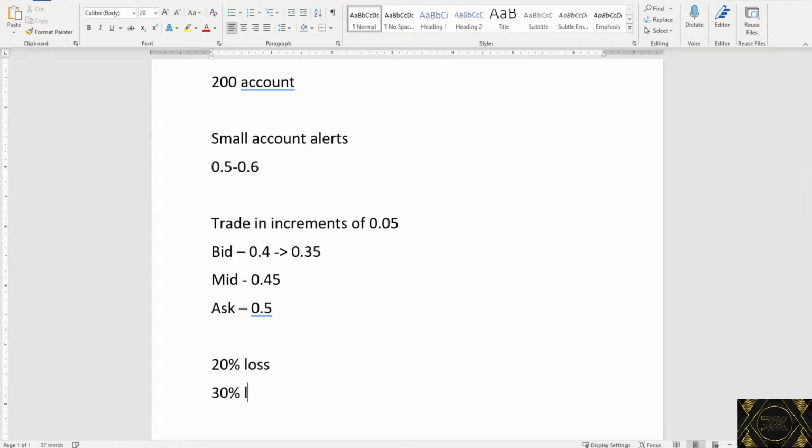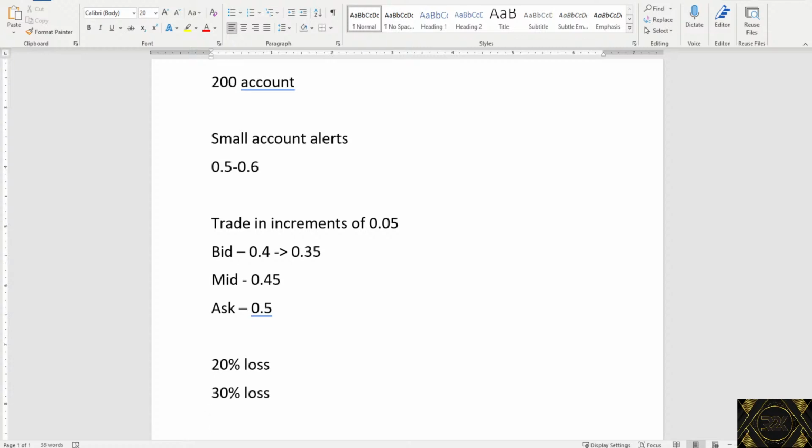So one thing you want to do, if you're ever using a small account under 500 and trying to grow it, is that you don't really want to look at the percent per alert. It's going to be kind of impossible to stop out at negative 10%, negative 15%, negative 20%.